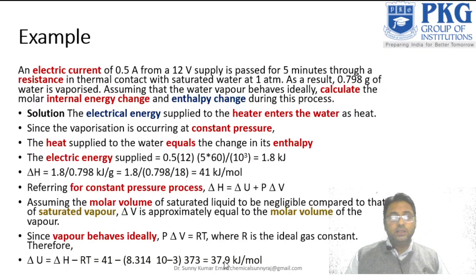So you will get 37.9 kilojoule per mole. This is the internal energy for the system, and this is the enthalpy for the system, which is 41 kilojoule per mole.